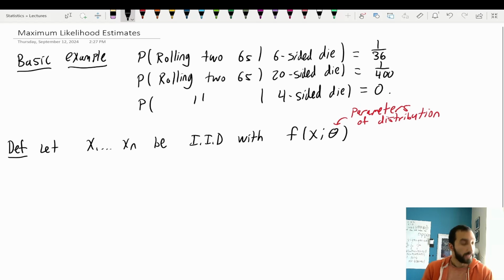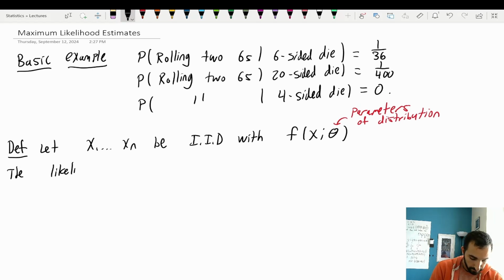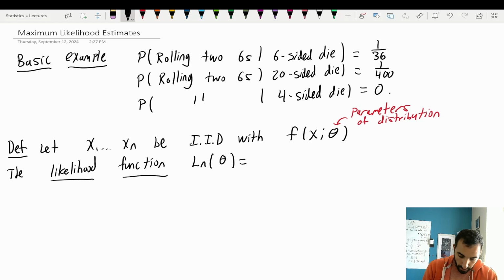So the likelihood function, which is called ln of theta, is equal to the product as i goes from 1 to n of f of xi given theta.